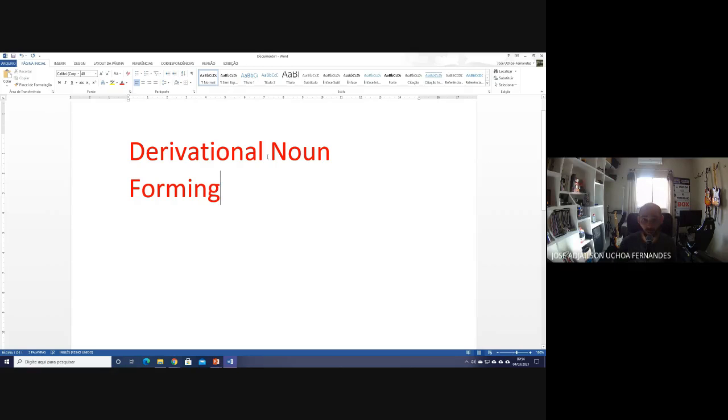And when I form a verb, I can infer that the suffix is a derivational verb forming suffix, with double F. Can you think of some verb that's formed out of a different word class?